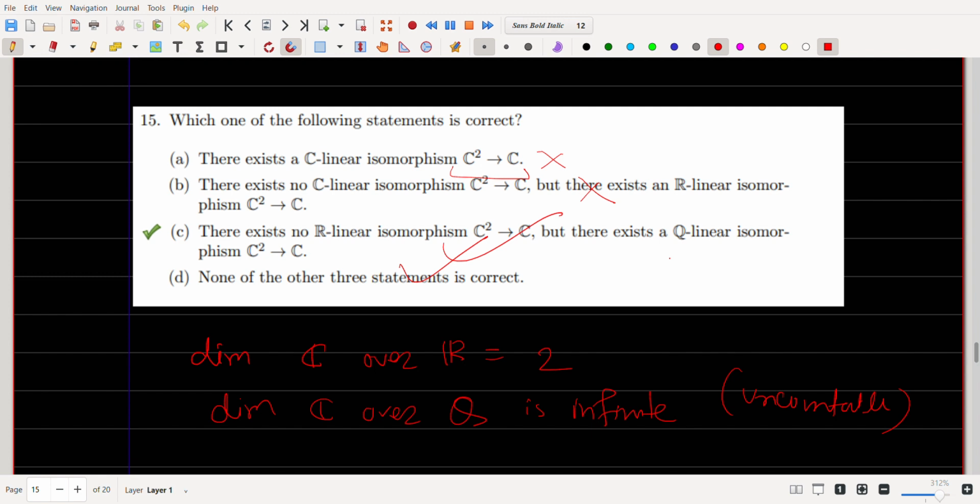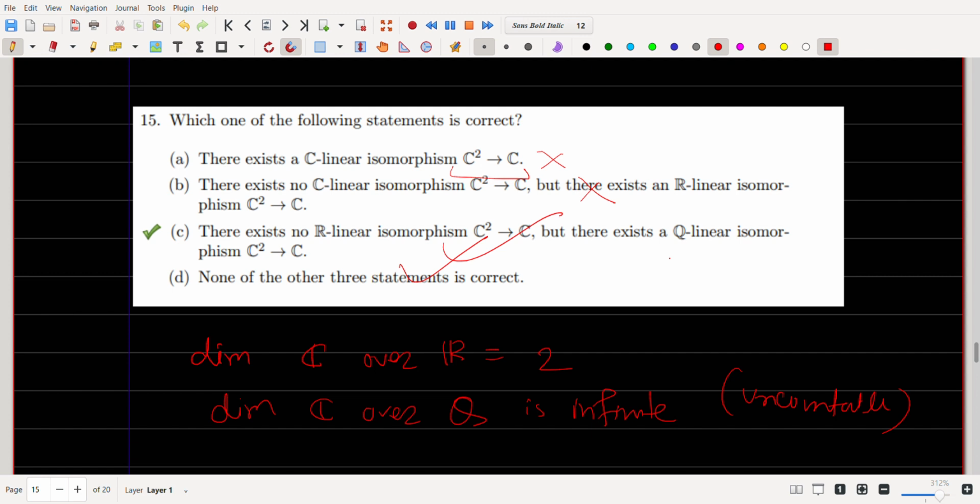Okay, the only important thing here is that you need to understand when two spaces are isomorphic. If their dimensions over the field are the same, then they are isomorphic. Why? Because to define an isomorphism, it is enough to define a bijection on the basis set.